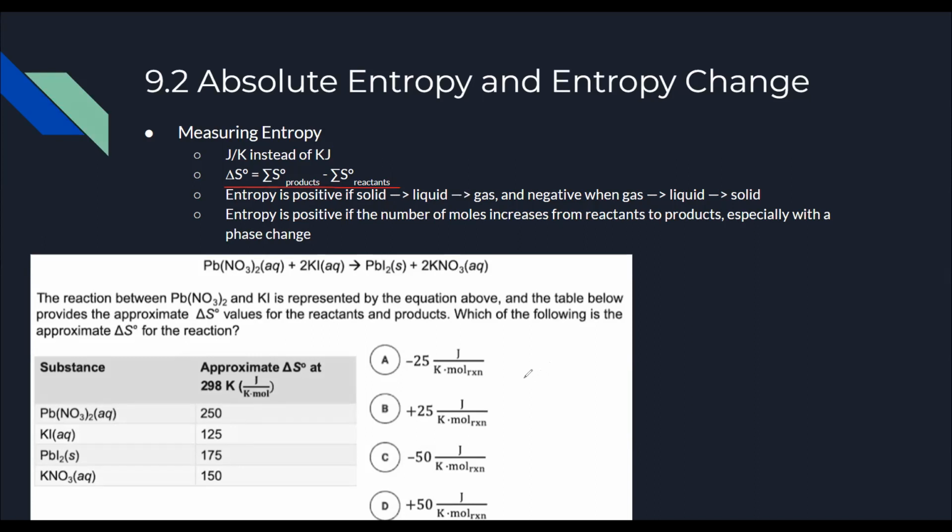Delta S equals, what we have is 1 mole of PbI2, so that's 175. Oh yeah, you have to put brackets, don't forget about that. Plus, as it's a summation, so you're adding it up, plus 2 times the KNO3, so the amount of KNO3 is 150.